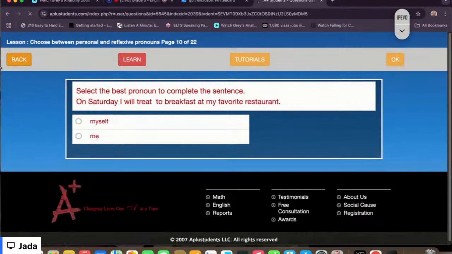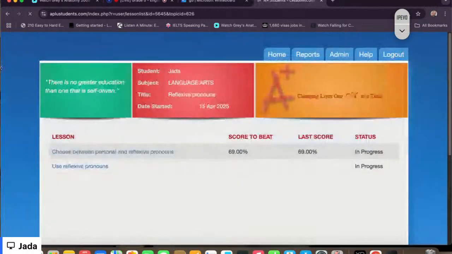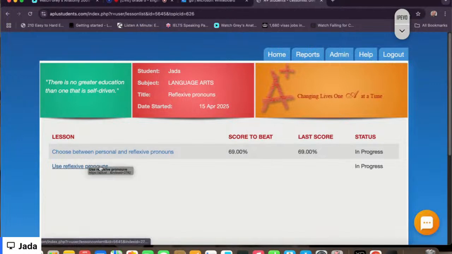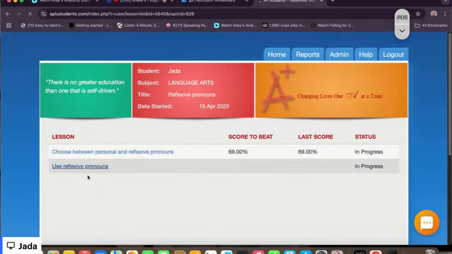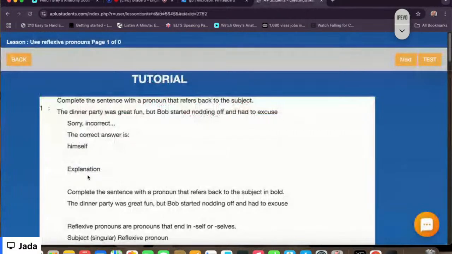Okay. So the next lesson is use reflexive pronouns.